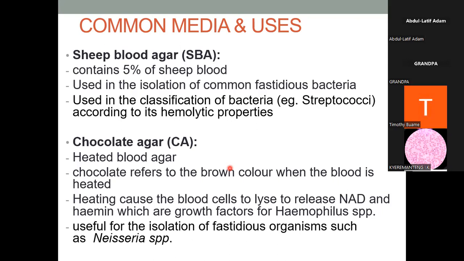If they are talking about the importance of chocolate agar over sheep blood agar, then the fact is that fastidious organisms which will not grow on sheep blood agar but grow on chocolate agar include Haemophilus and Neisseria. I'm sure once you understand this, you can always answer questions relating to chocolate agar and sheep blood agar. Right.